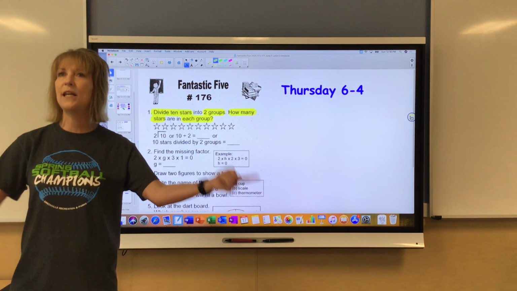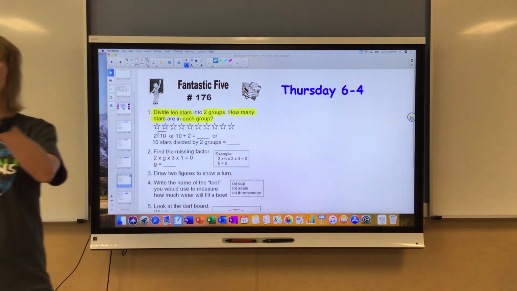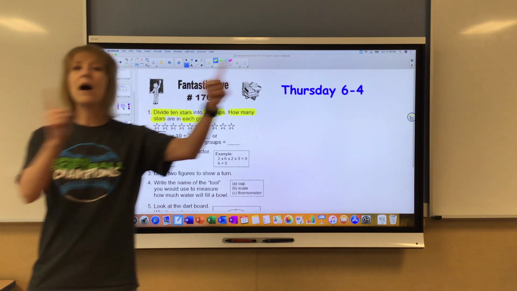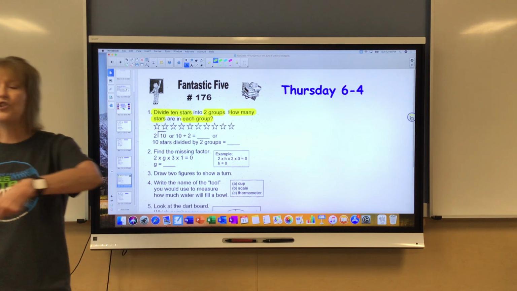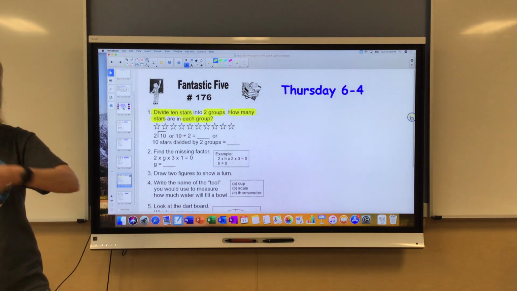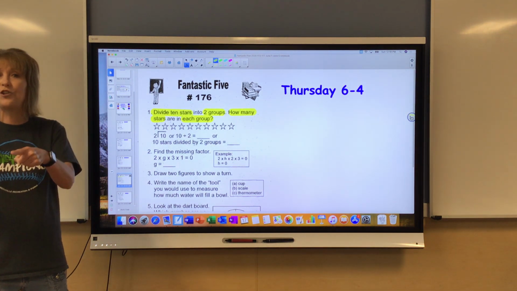Opposite of addition, subtraction. Opposite of subtraction, addition. Opposite of multiplication, division. Opposite of division, multiplication.